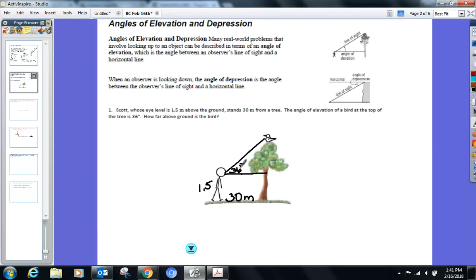And what are we looking for? How far above the ground is the bird? Do you see a right triangle I could form?